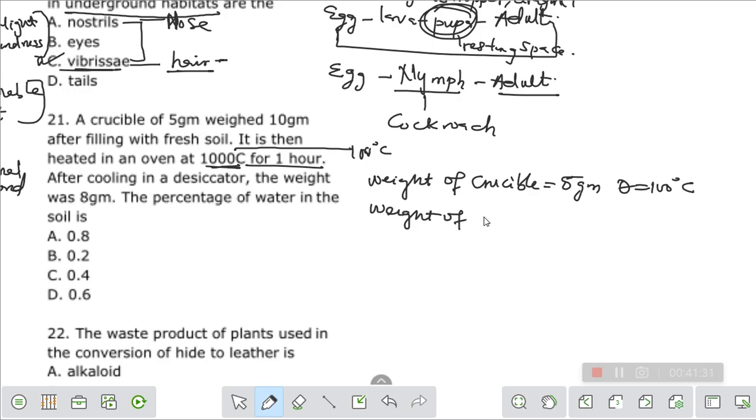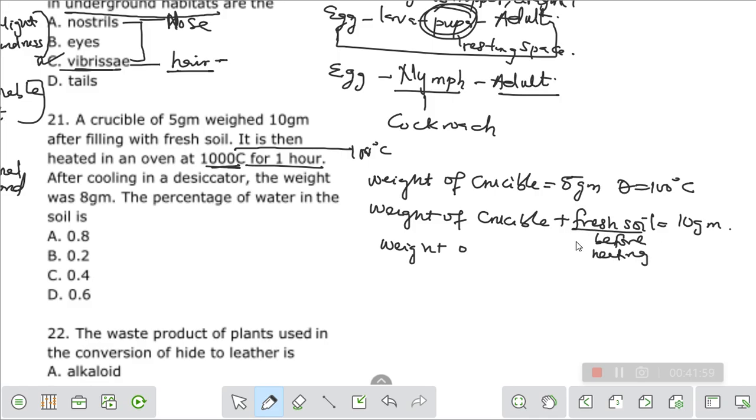So this one is before heating. Of course you know that fresh soil has some water inside it. So after heating, some of the water gets out of that soil, and the weight of the crucible plus soil is now 8 grams.